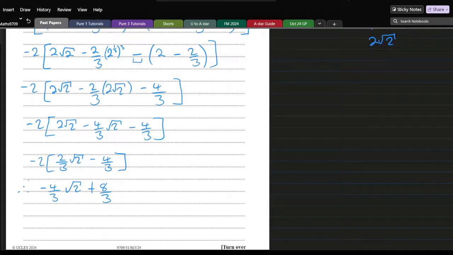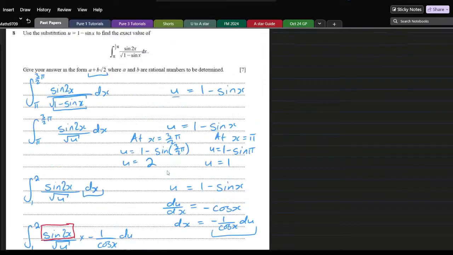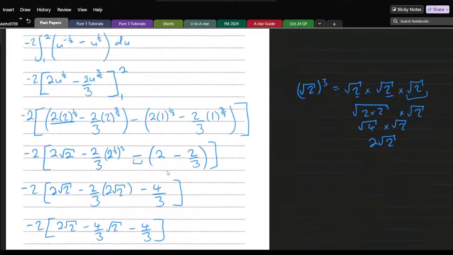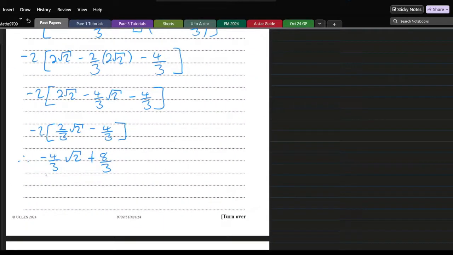In fact, we should probably swap it because they say they want it in the form a plus b root 2, so the 8 over 3 should come first. 8 over 3 minus 4 over 3 root 2.